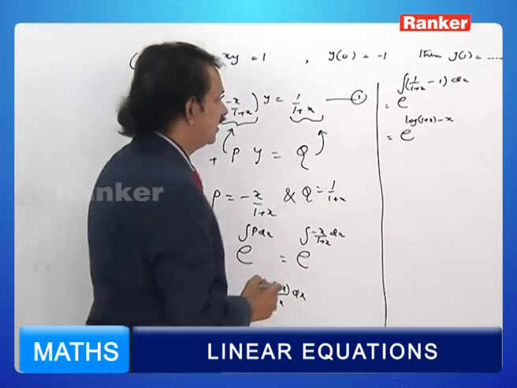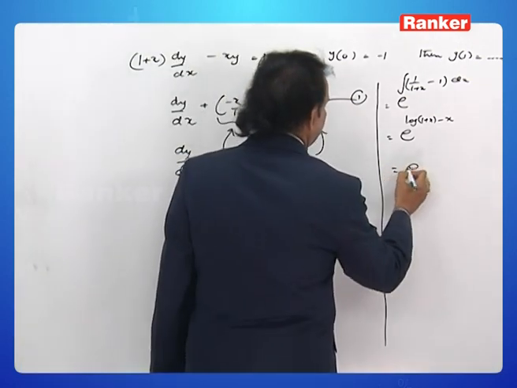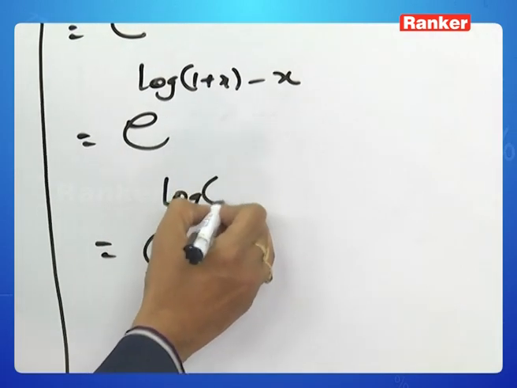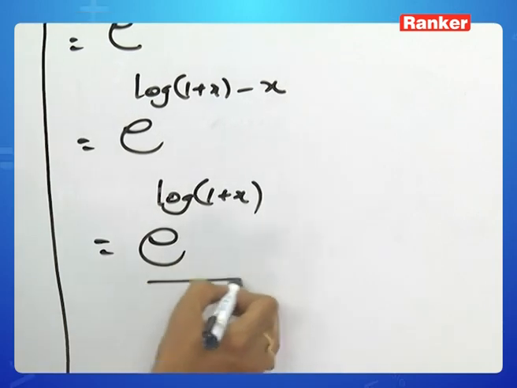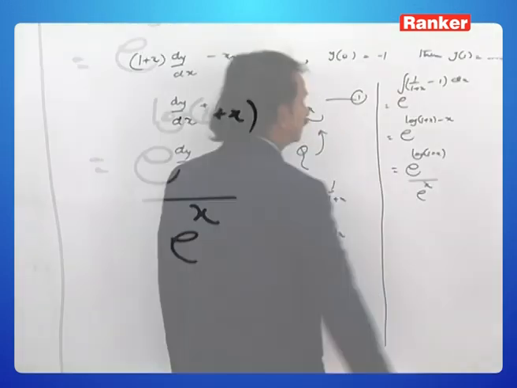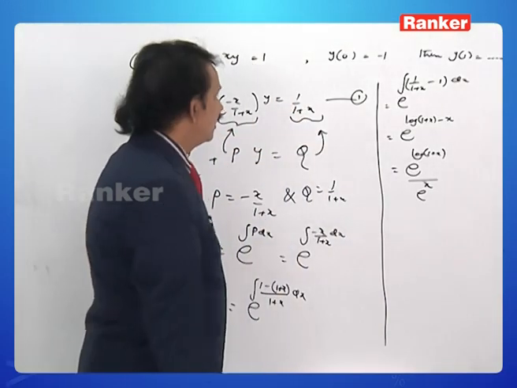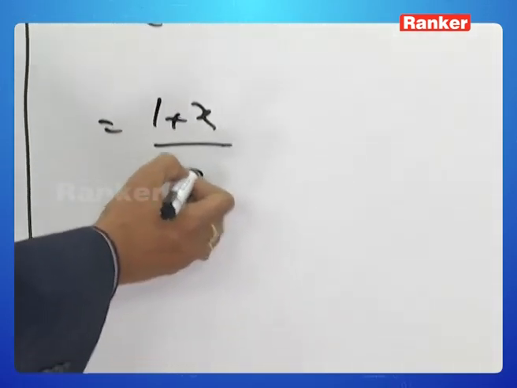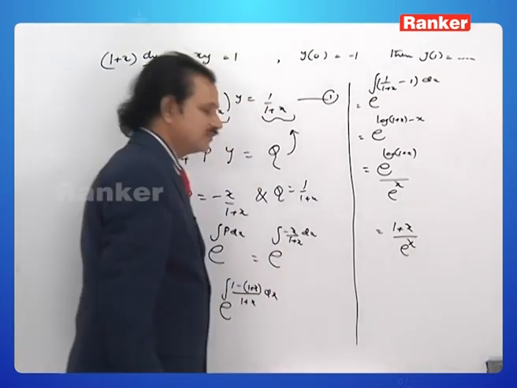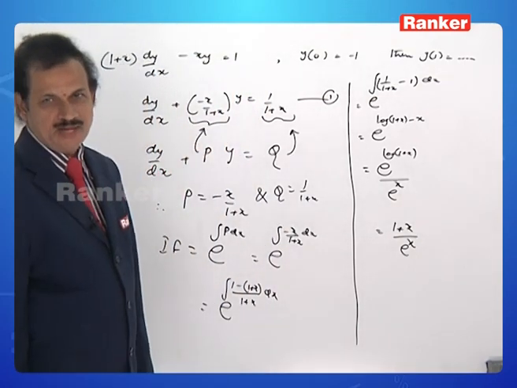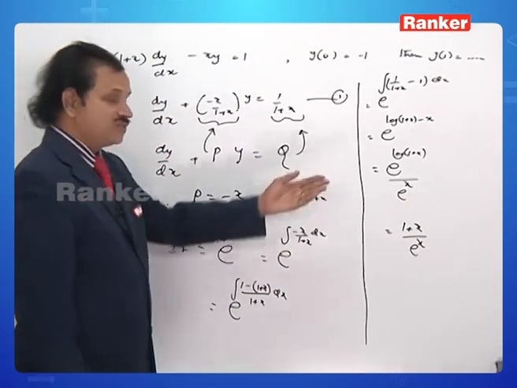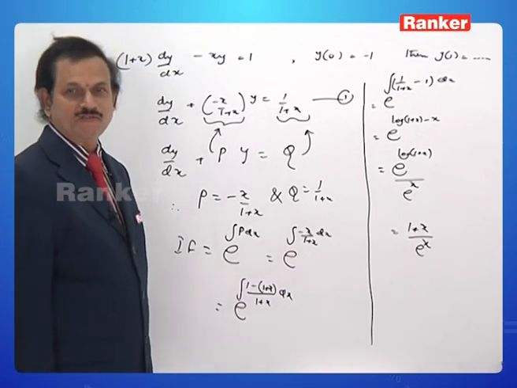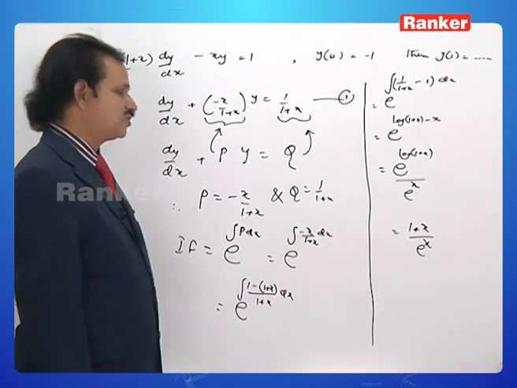This is equal to e power log 1 plus x by e power x. Therefore, this is 1 plus x by e power x. That is the integrating factor we have obtained.